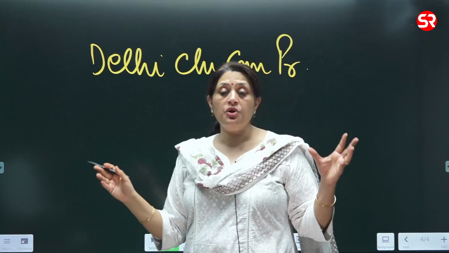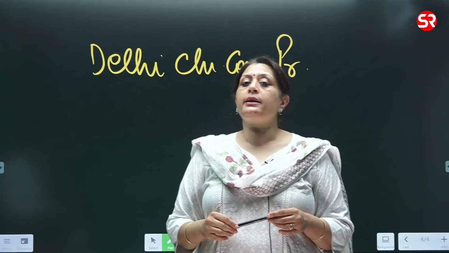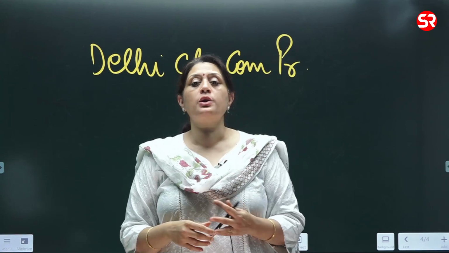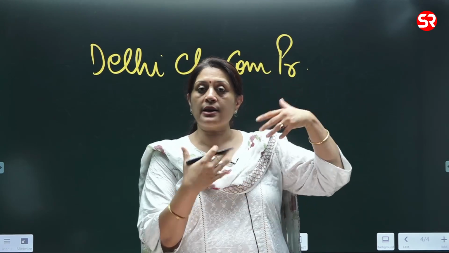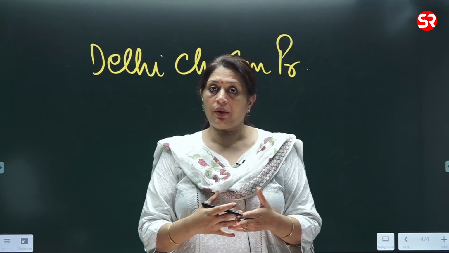When you talk about a chief commissioner, obviously it means that Delhi was ruled by a chief commissioner and had direct access to the Governor General.